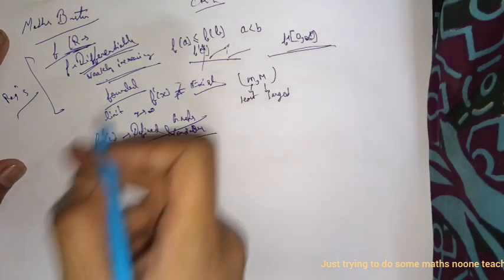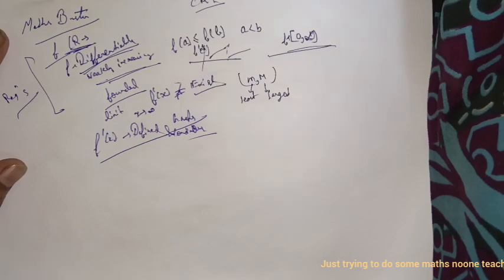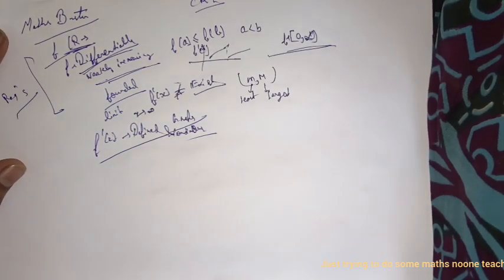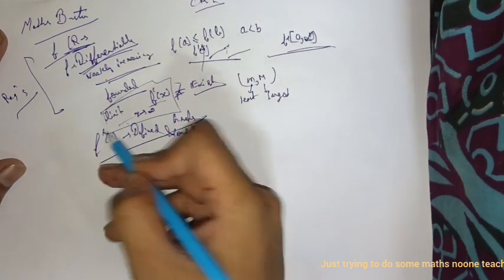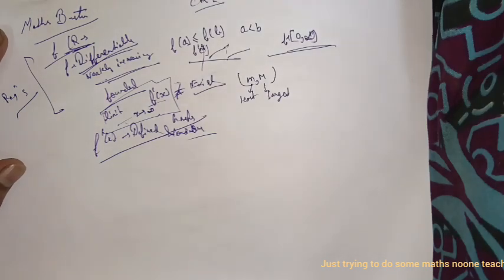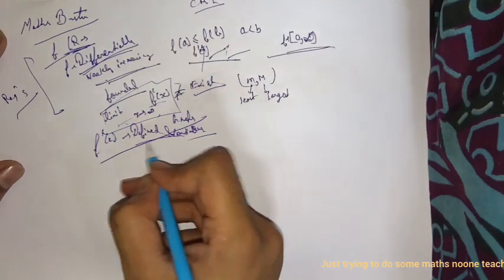We know that it is weakly increasing, which I've already told you about. It is also given that the limit of f dash x as x tends to infinity doesn't exist, but it is saying that f dash x is defined.